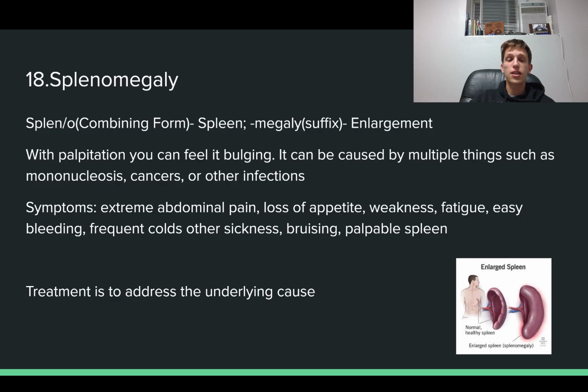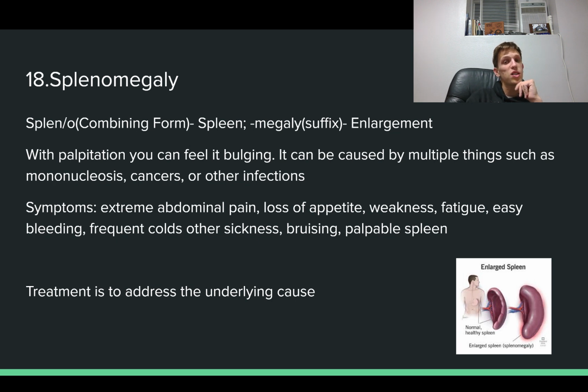Excuse me. Splenomegaly is enlargement of the spleen. This can happen for a number of reasons, such as mononucleosis, cancer, or other infections. Trauma can cause it too. With palpation, you will be able to feel it bulging.